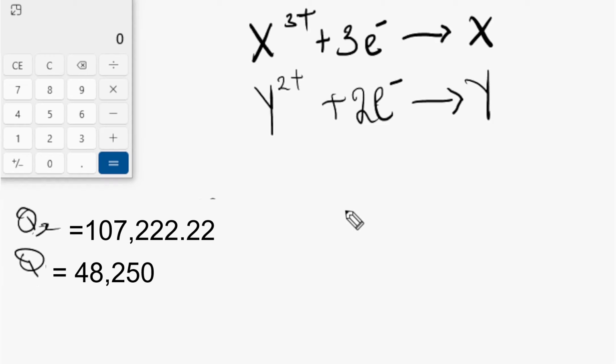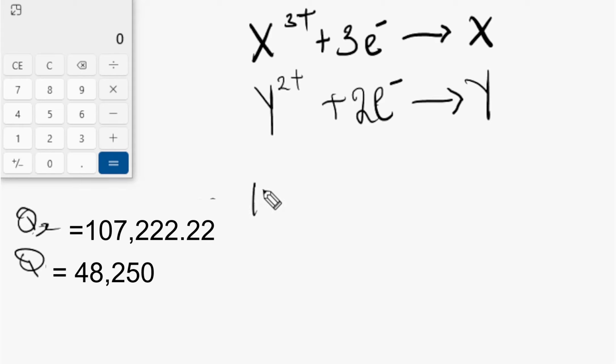So finally, since we already know the charge for X and the charge for Y, we're going to say if actually it takes this charge to discharge, it takes 20 naira for this charge. So how much will it take for the charge for Y?